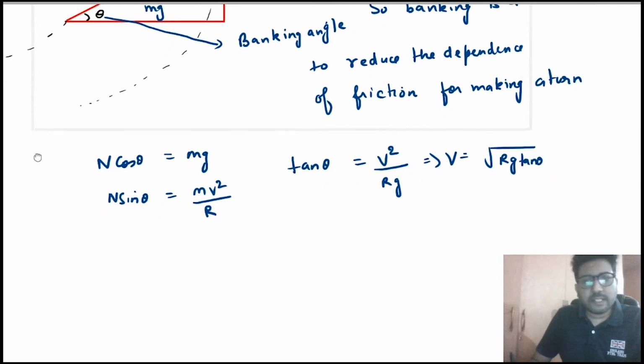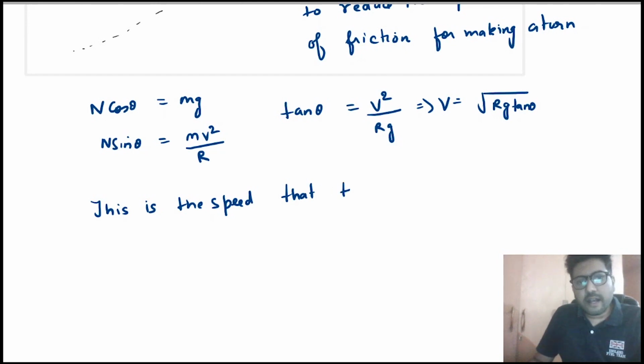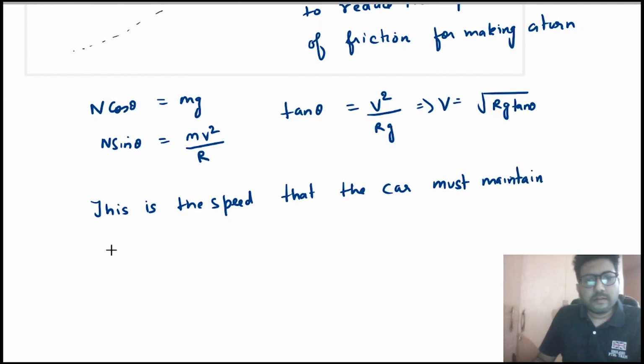So this is the speed that the car must maintain to continue in circular motion.